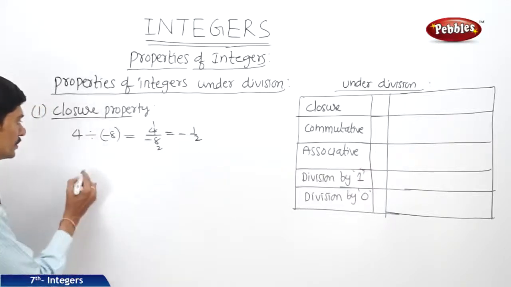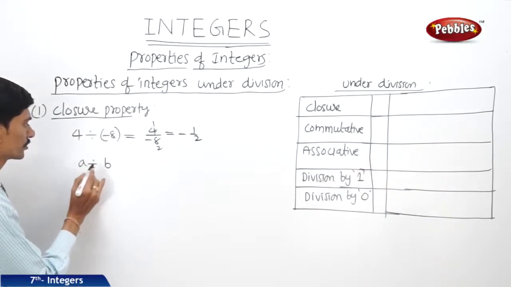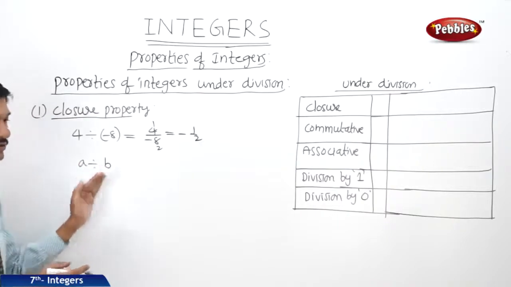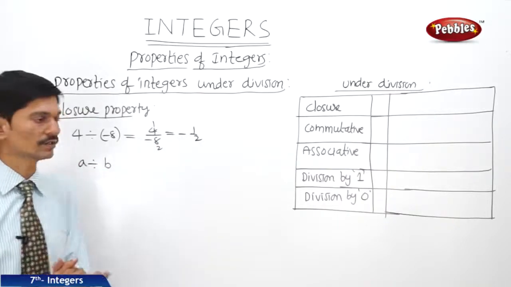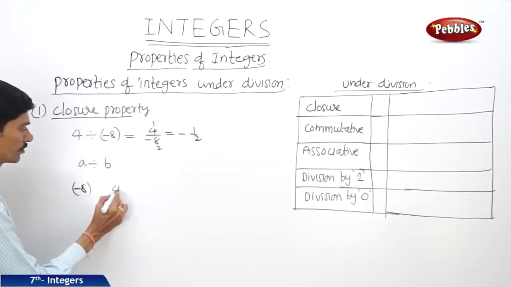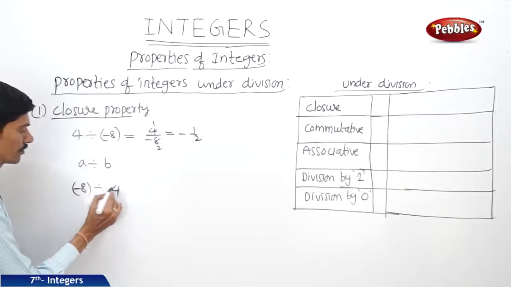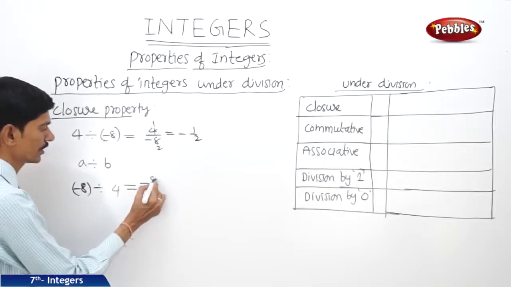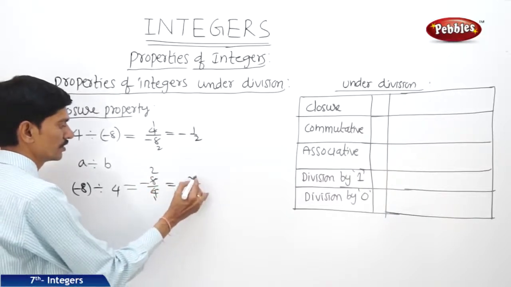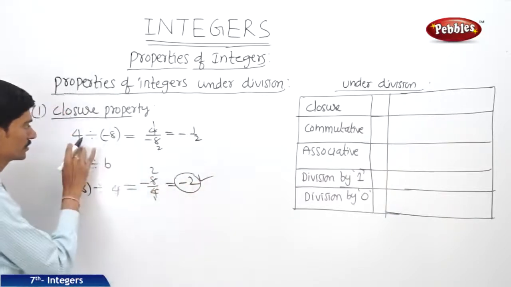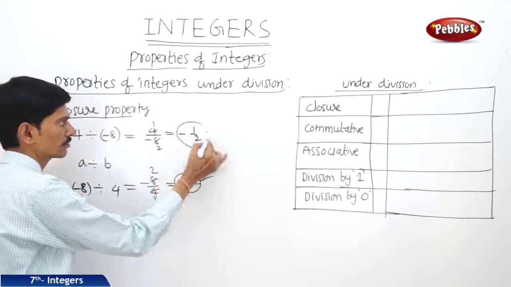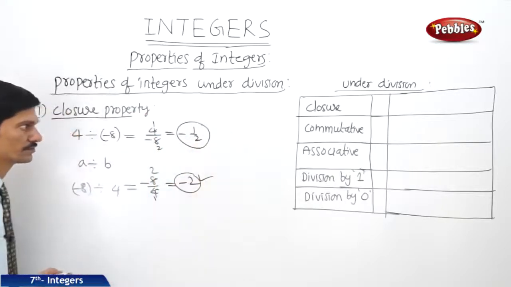So when you divide a by b, where a and b are any two integers, then a divided by b always may not be an integer. For example, if you take the two integers as minus 8 and 4, when minus 8 is divided by 4, we get the quotient minus 8 by 4 equals minus 2, which is an integer, whereas when 4 is divided by minus 8, we get the quotient minus 1 by 2, which is not an integer.